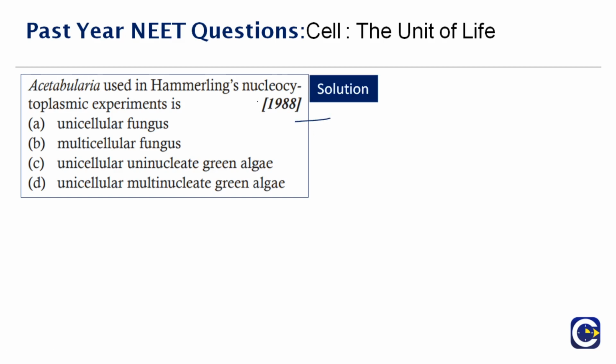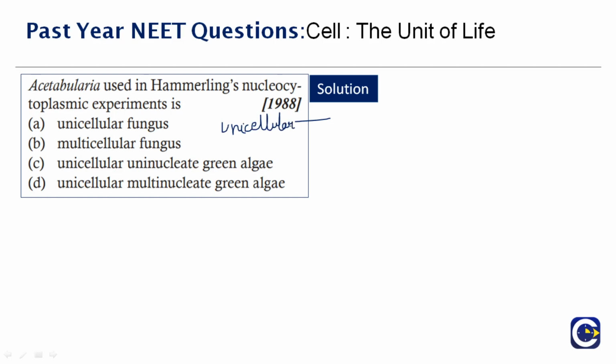So here, when you're carrying out a nucleocytoplasmic experiment, Acetabularia was used in that particular sequence. So Acetabularia used in Hammerling's nucleocytoplasmic experiment is a green alga, and this is actually a unicellular alga.